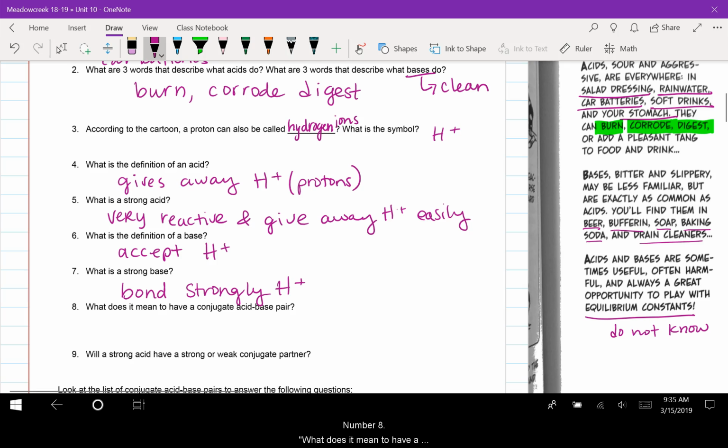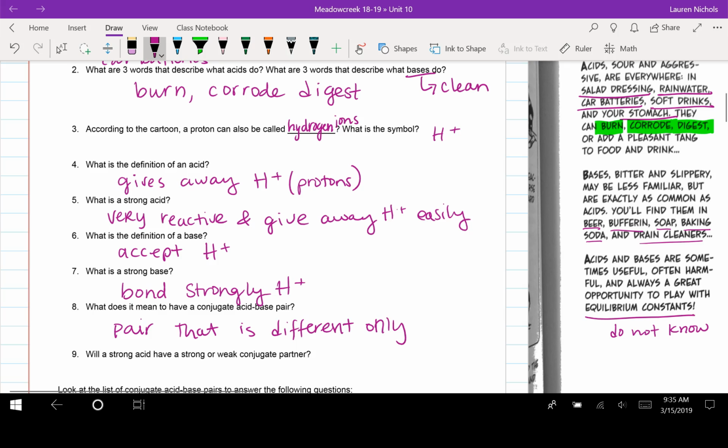And number 8, what does it mean to have a conjugate acid-base pair? It means a pair that is different only by H plus, right? That was the only difference. One had H plus, one did not have H plus, right? And you could either take away or add an H plus to make the other.